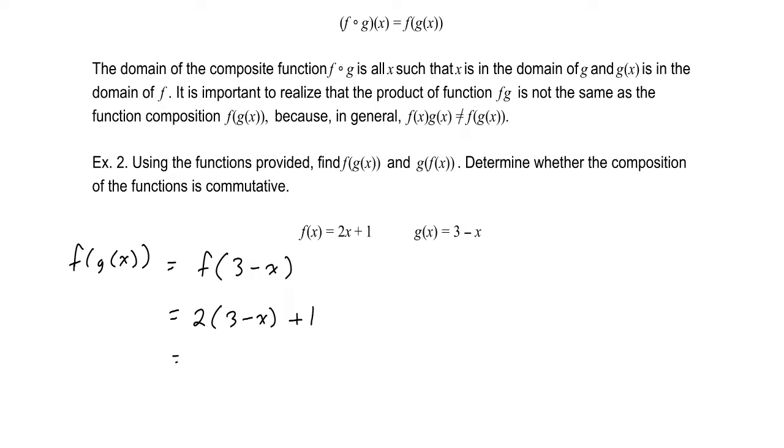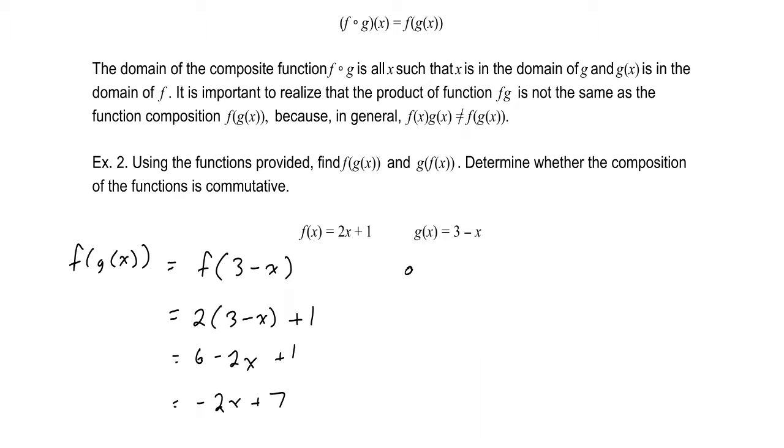Distributing that, we have 6 minus 2x plus 1. Make sure that's clear. Now combining like terms, negative 2x plus 7. So there's f of g of x.